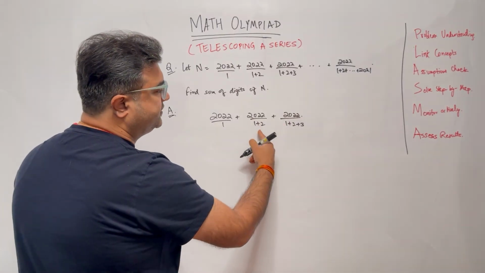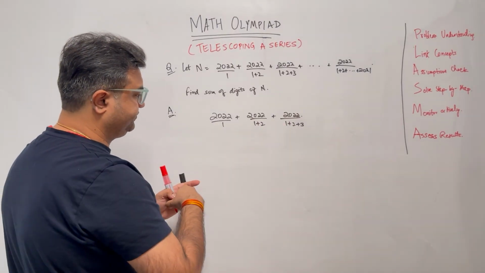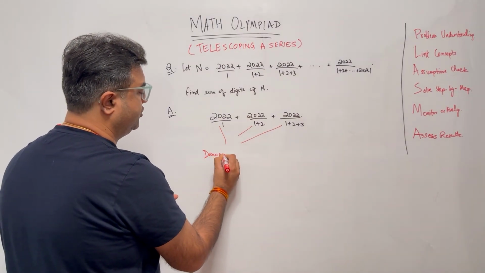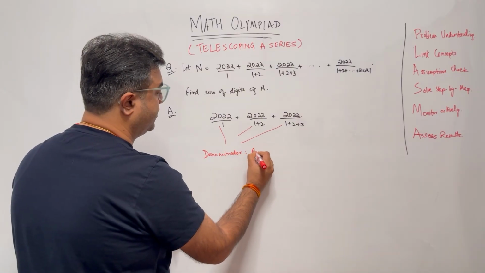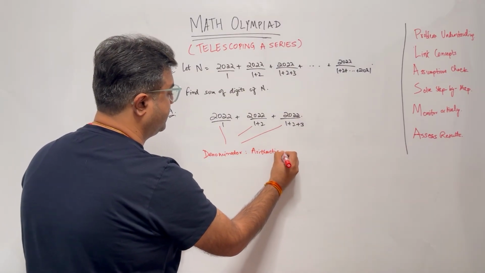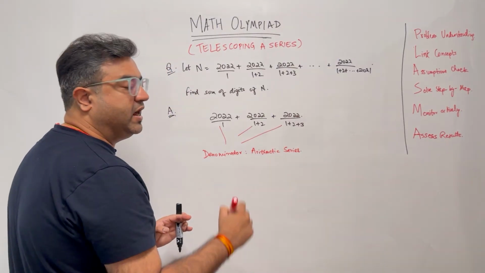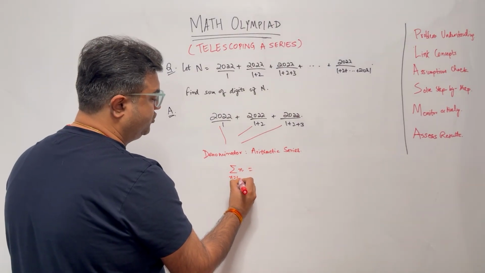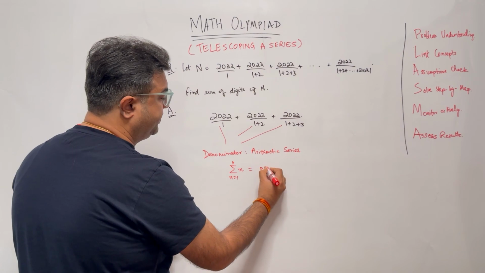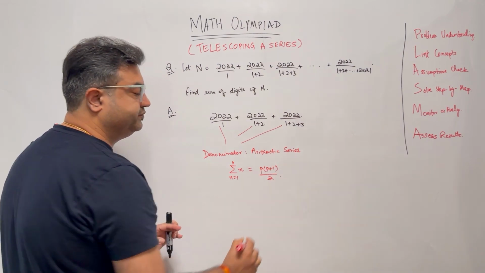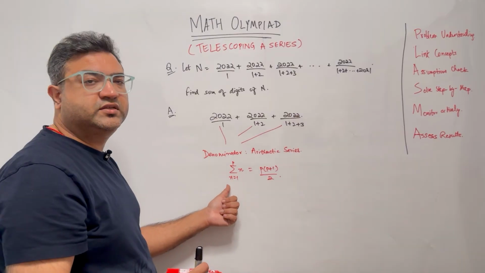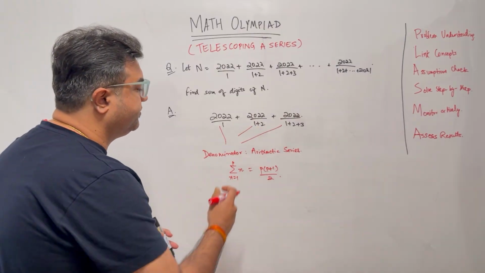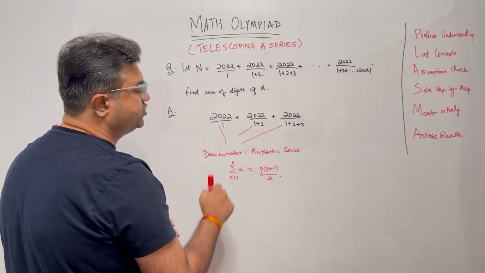Now it looks like all these denominators are an arithmetic series, and we know that the summation of n, where n is equal to 1 to p, will become p into p plus 1 by 2. Okay. So this is the summation of any arithmetic series. Here we are seeing the same thing. So this is the maximum value that it goes to.